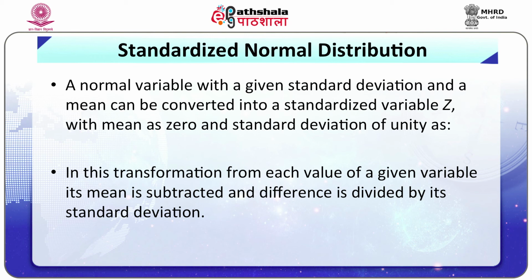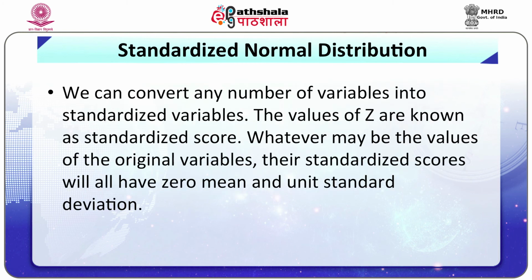In this transformation, from each value of a given variable, its mean is subtracted and the difference is divided by its standard deviation. We can convert any number of variables into standardized variables. The values of z are known as standardized scores. Whatever may be the value of the original variable, their standardized scores will all have 0 mean and unit standard deviation.